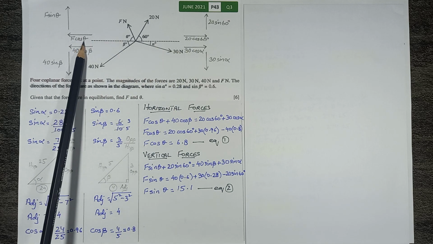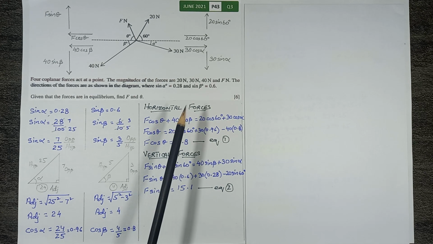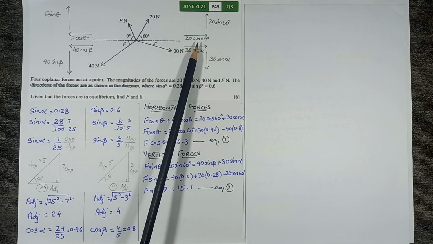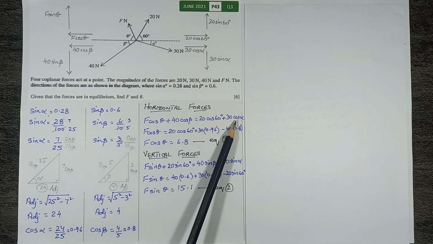That means F cos theta plus 40 cos beta would be equal to 20 cos 60 plus 30 cos alpha over here.